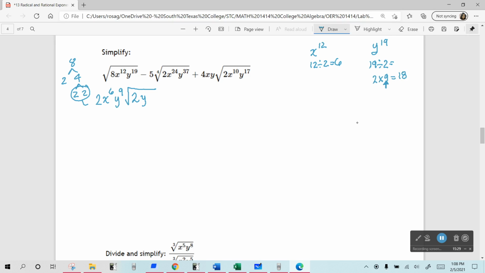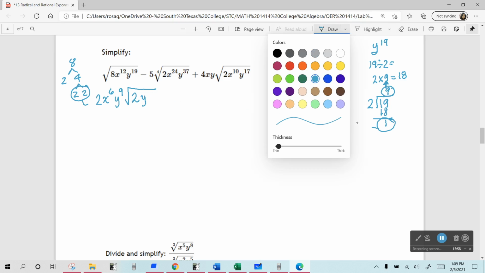Or you can do it like the old-fashioned way, like 19 divided by 2. So that's 2, 18, and 1. The number on top is the one that goes outside. Not the 2, right? It's a 9. The number on top is the one that goes outside, and the remainder is the one that stays inside. I'm going to erase it because I have a lot of other ones to do. Okay, so that takes care of that one.